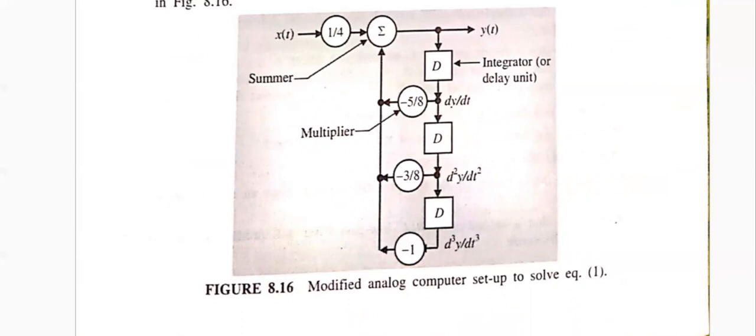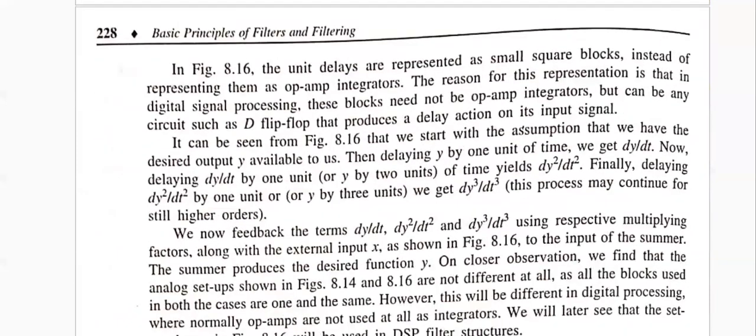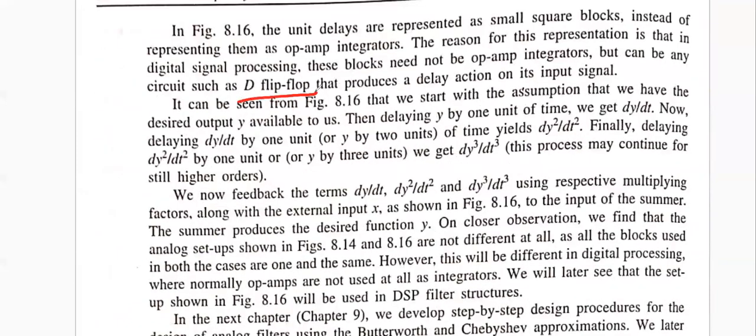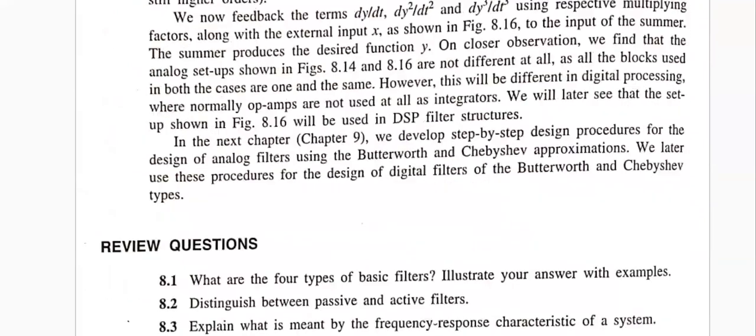To present any sort of filter, whether first order, second order, or any order, we need the feedback. And that is why an FIR type filter is not possible for the analog case. As I have already mentioned, the D flip-flop can be replaced by this delay circuit.